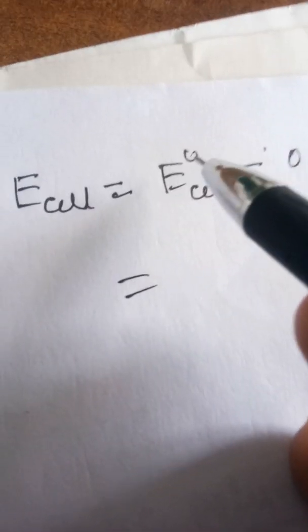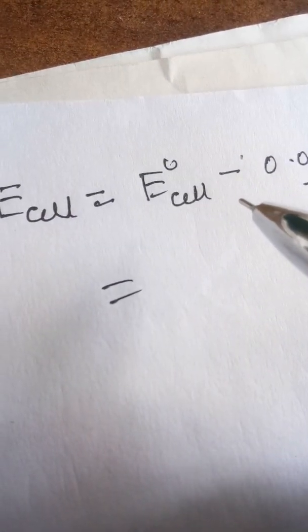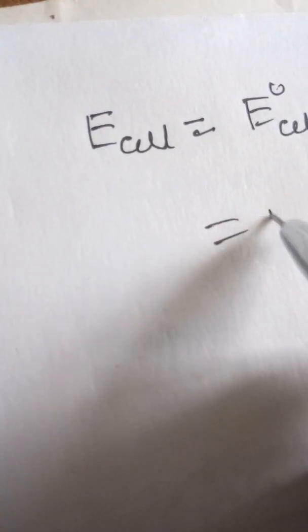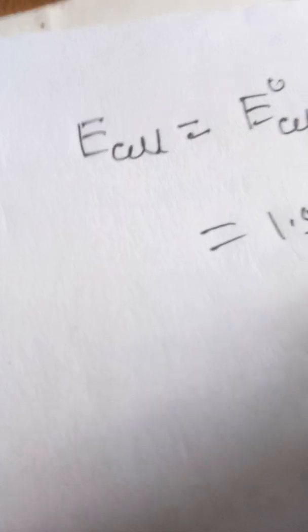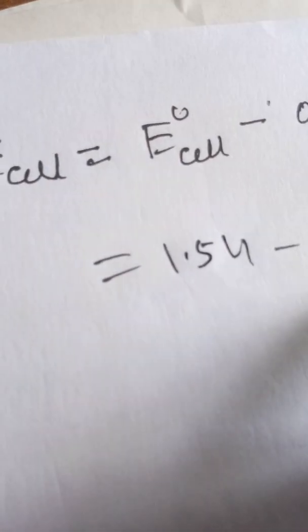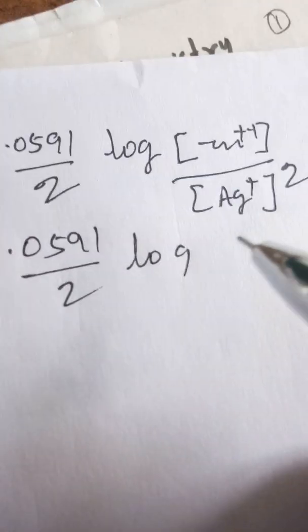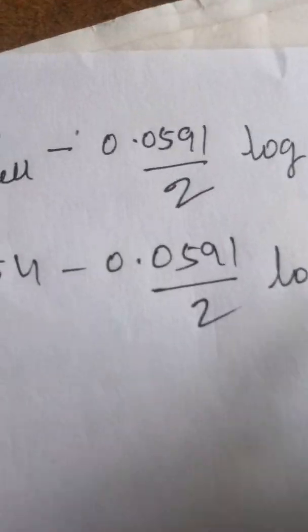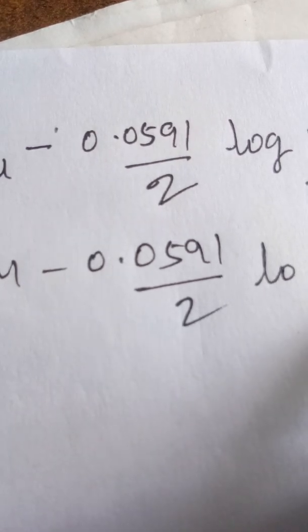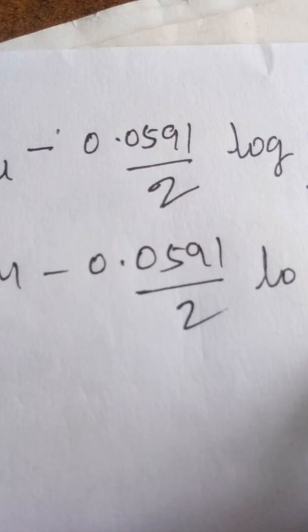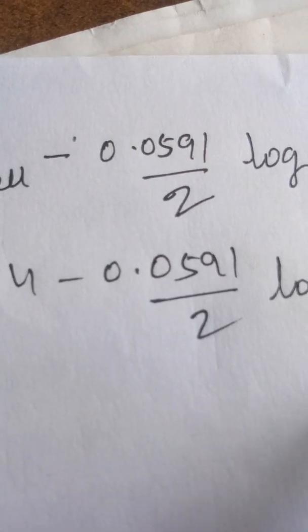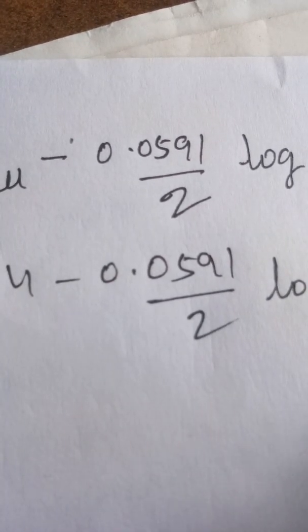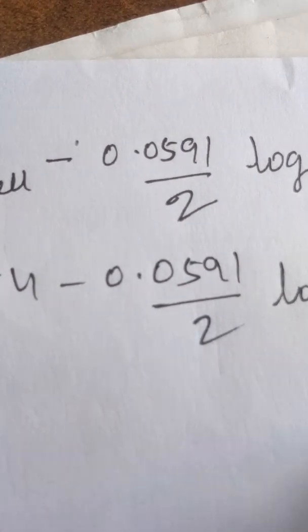In this way, E0 of the cell, the standard electrode potential of the cell, is given as 1.54. So you can put here 1.54 minus 0.0591 upon 2 log concentration of the zinc ion, which is given as 0.2, divided by 0.002 power 2.